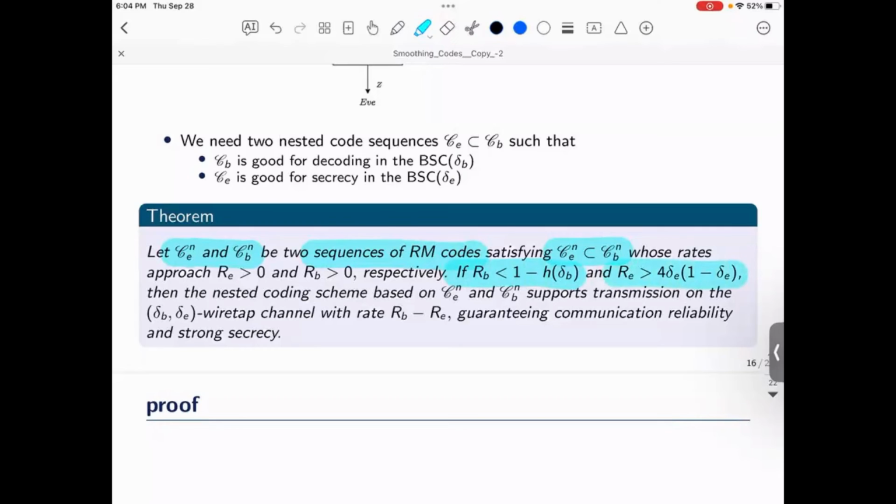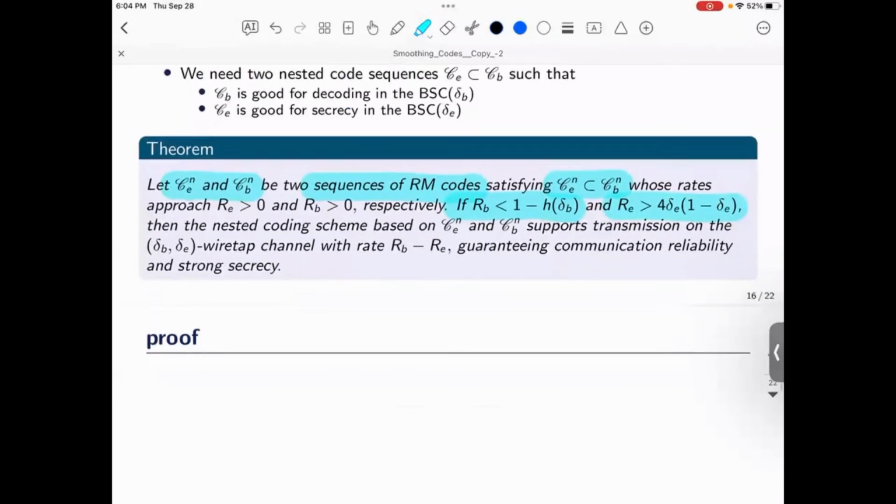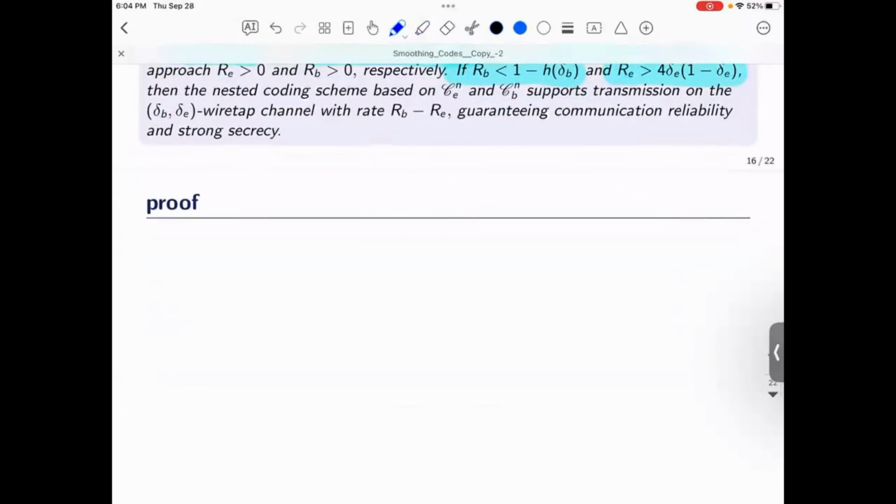First, I'll explain what is meant by reliability. This means the probability of error should go to 0 in the main channel.